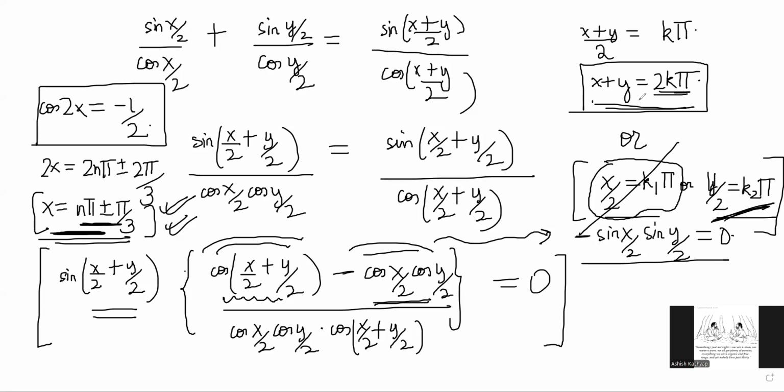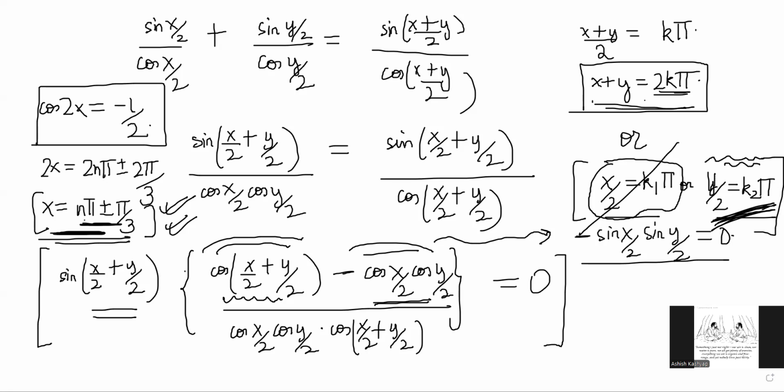So either y will be the difference of 2k pi minus n pi plus minus pi by 3 or y itself will be this 2k2 pi. Correct? That is the way to solve the problem. Don't take specific cases. We need general solutions.